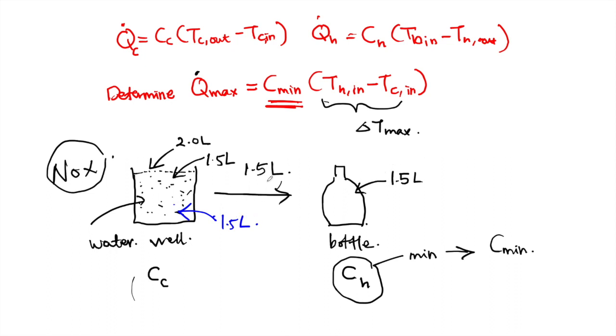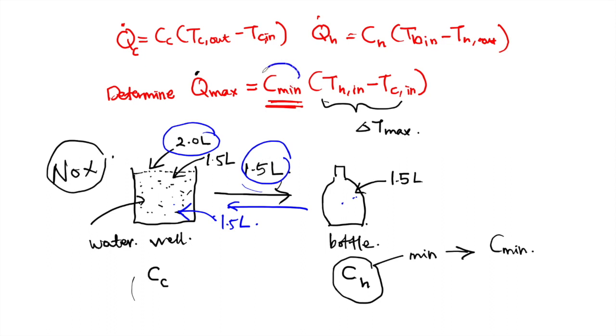So you can transfer to this bottle, and then from the bottle can transfer back to the well. Or maybe you want to take out 2 liter. If you take out 2 liter from the well, you can only transfer 1.5 liter to the bottle, and then from the bottle can only transfer 1.5 liter. So that is the maximum.